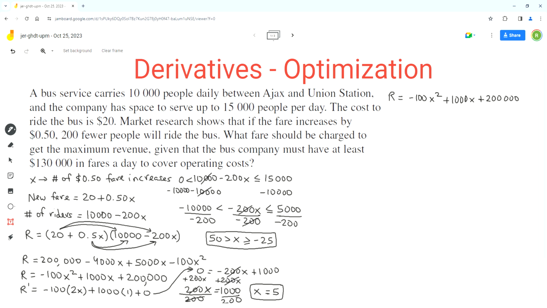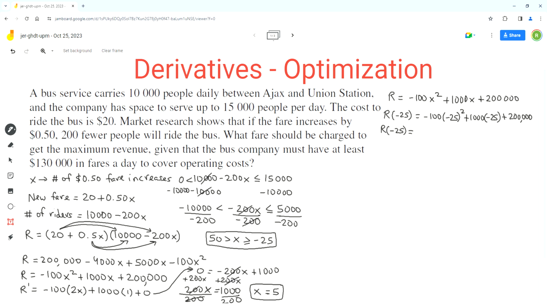So we'll start with x as negative 25. So r at negative 25 equals negative 100 times negative 25 squared plus 1000 times negative 25 plus 200,000. We can do this calculation in the calculator.